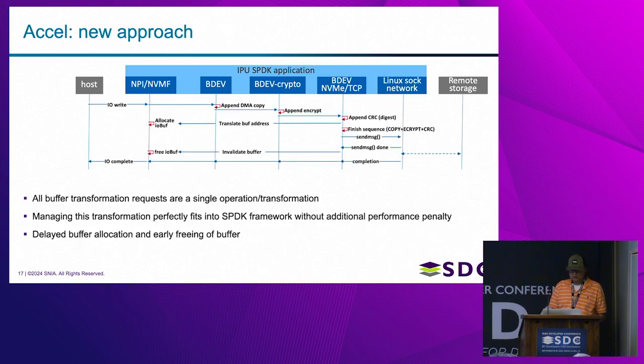With the new approach, all buffer transformation requests are a single operation, a single transformation, and managing this transformation fits perfectly into the SPDK framework. It does not incur any additional performance penalty. And I already talked about the benefits of this delayed buffer allocation and early freeing of buffers.